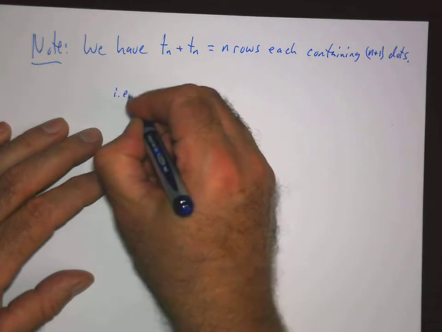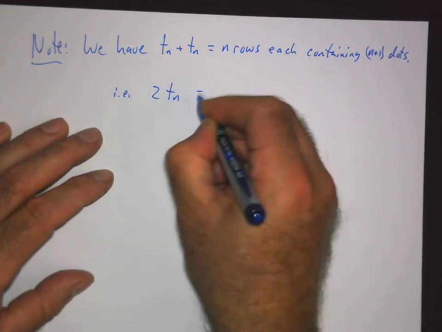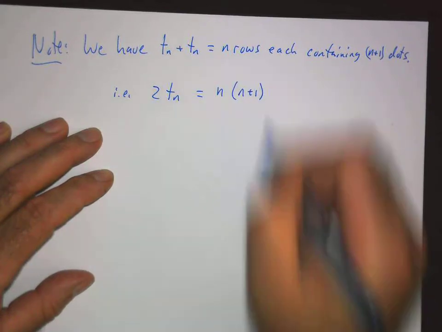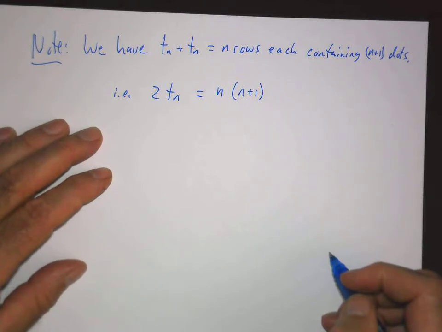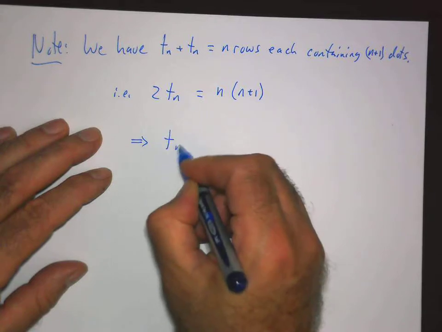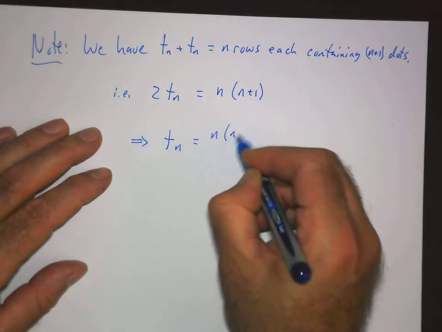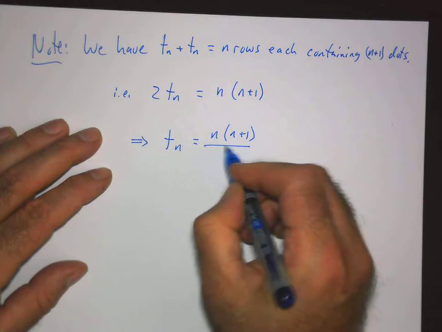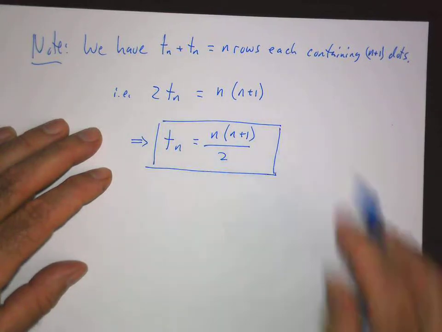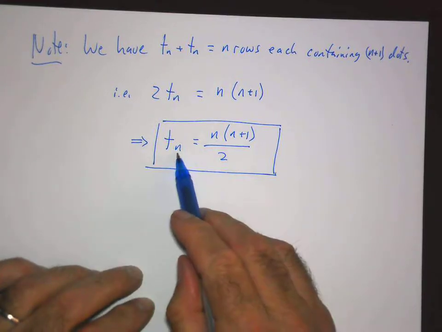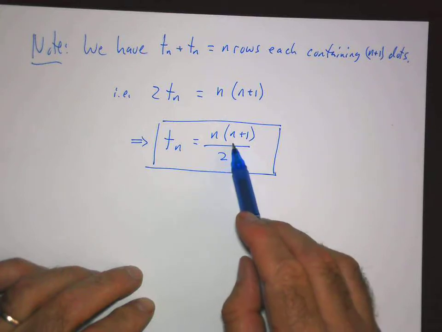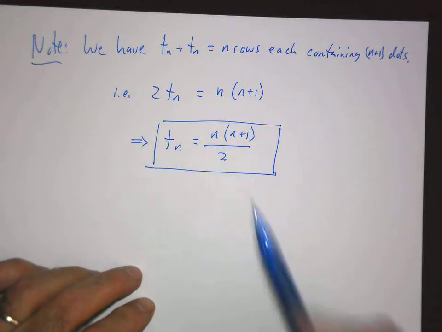So that means that we have 2t sub n is equal to n times n plus 1. Now, to get the result that we want, we'll just divide both sides by 2. The nth triangular number can be given by this formula, n times n plus 1 over 2.